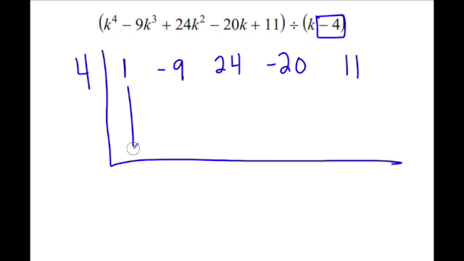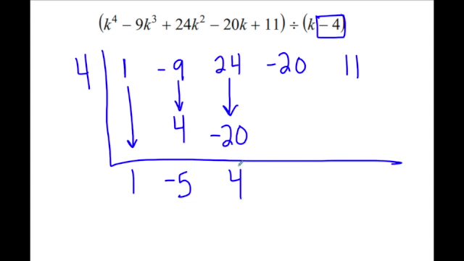So I bring the 1 down as 1. You leave it alone. Multiply by 4. I get 4. Add down the column. Negative 9 plus 4 is negative 5. Multiply by negative 4. I get negative 20. Add down the column. I get 4. Multiply by 4. I get 16.